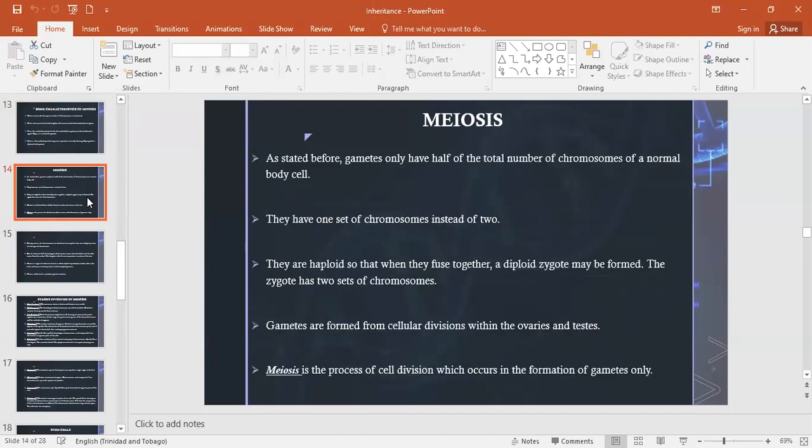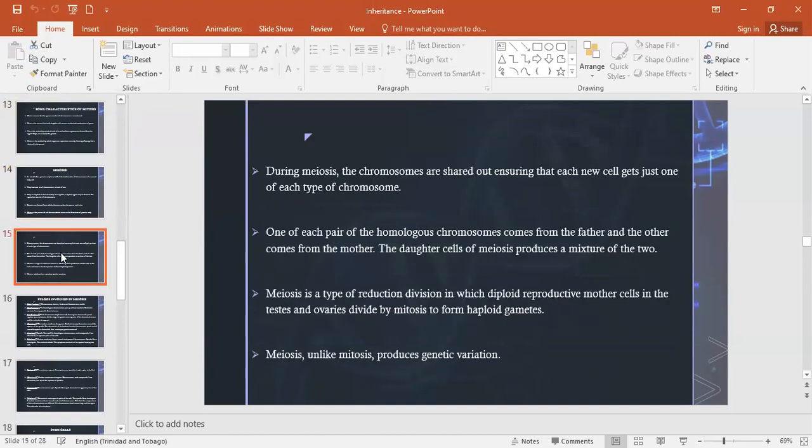All right, so since you all understand mitosis, let's go on to the little bit more complicated one, which is meiosis. Now remember, meiosis occurs in what type of cells?